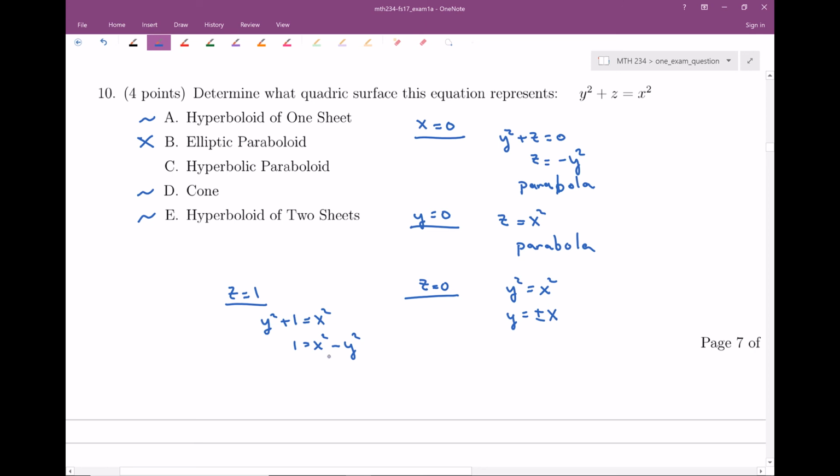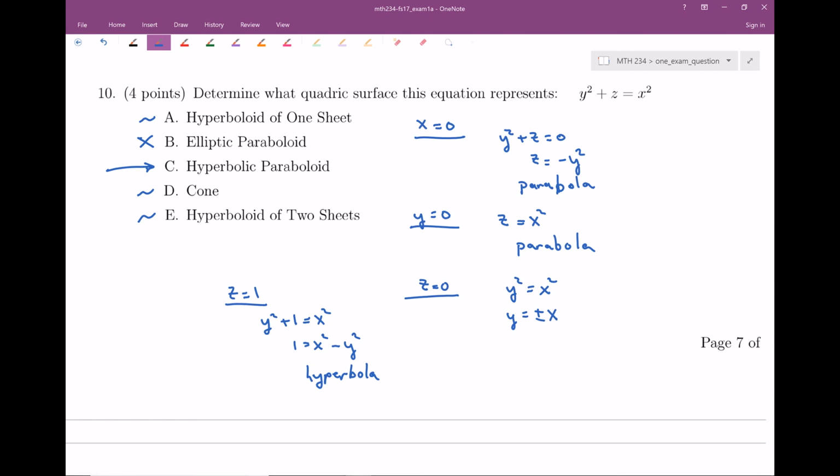This right here is the equation of a hyperbola. So therefore, you now see you have hyperbolas and you have parabolas. And so our answer is hyperbolic paraboloid. We have hyperbolas and paraboloids. Their names really make up these things.